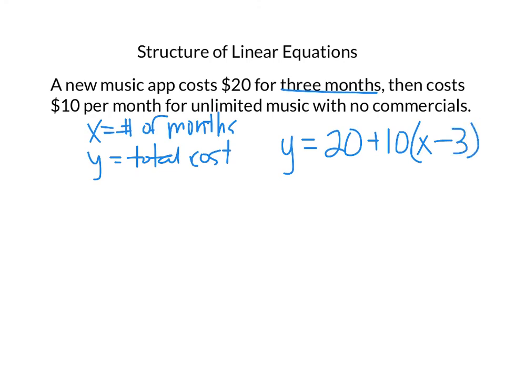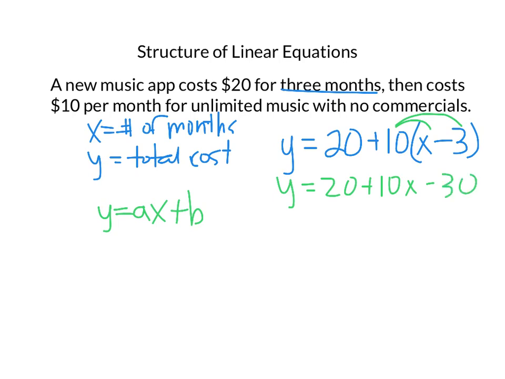Now if we're going to write it in the form y equals ax plus b, we have to distribute the 10. So y equals 20 plus 10x minus 30. And again, I commute the 20 and the 10x.